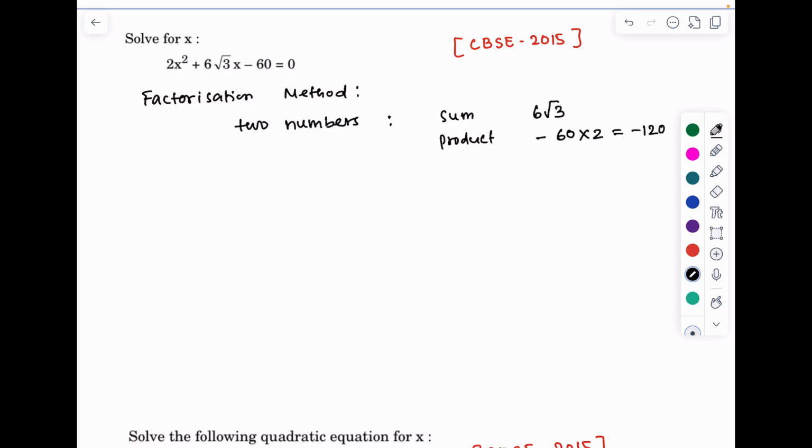We have to choose two numbers in such a way that sum will be 6 into root 3 and product will be minus 120.